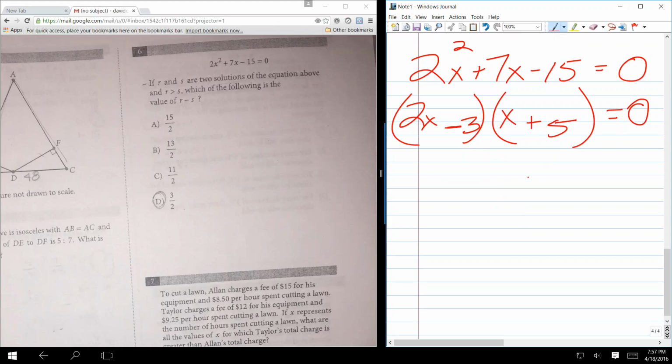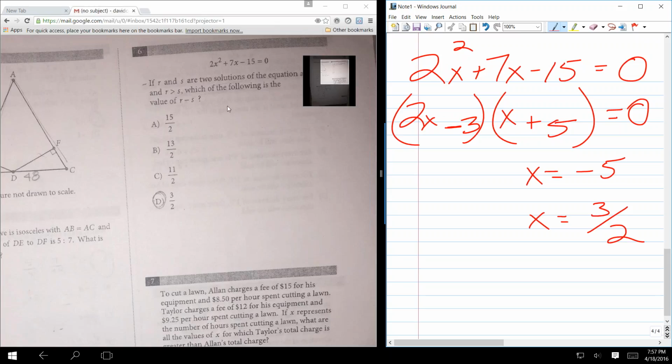Now, what are my solutions? Now that I know I factored it correctly, what are my solutions? Two solutions. Negative 5 and plus 3 over 2. Good.